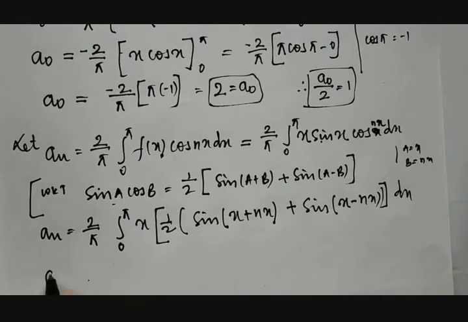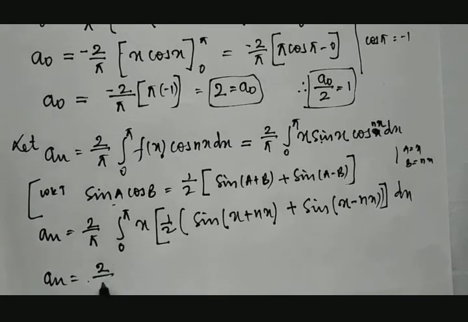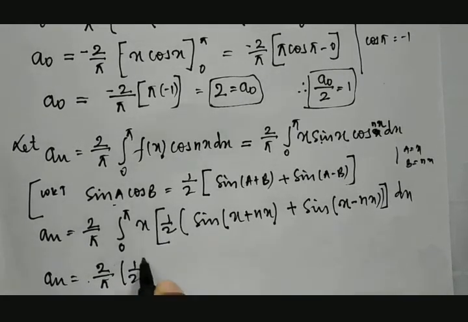Therefore, an is equal to, I'll be taking this 1 by 2 outside, then it becomes 2 divided by pi into 1 divided by 2.